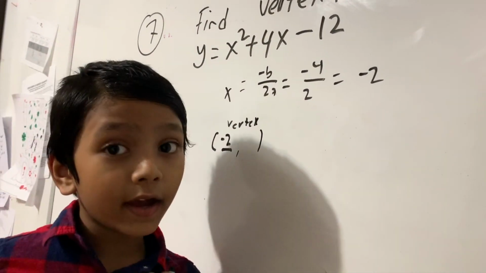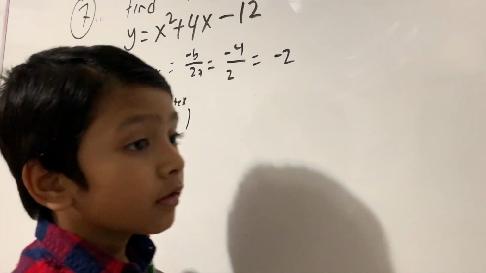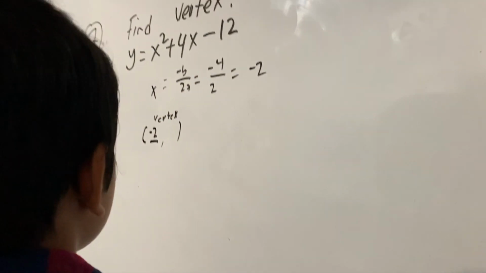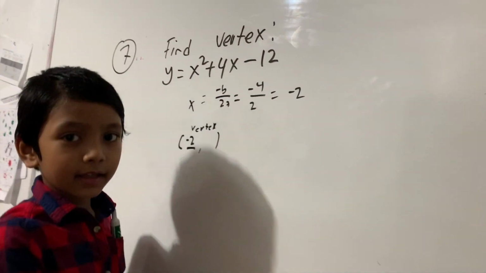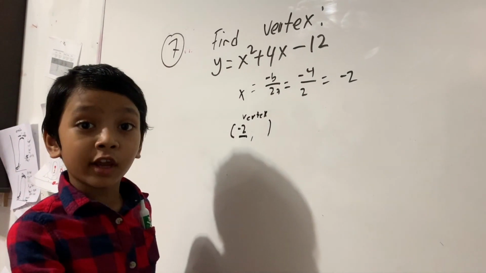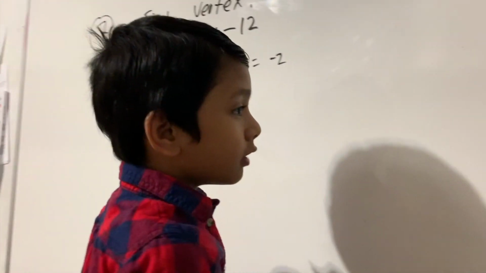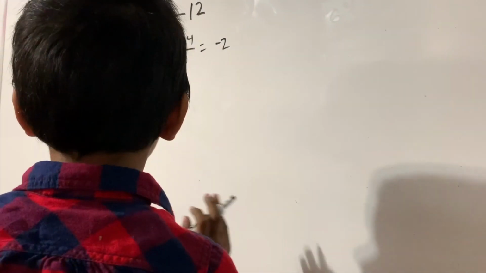Now we're going to find the y of the vertex. Obviously we have to plug in something to y, and that something is minus 2. So we plug in minus 2 for x.